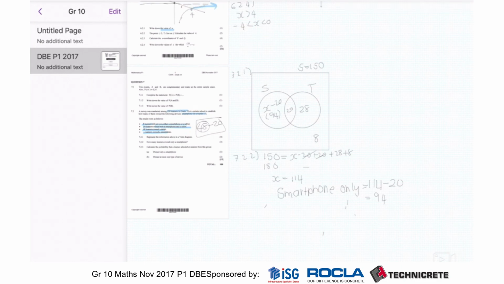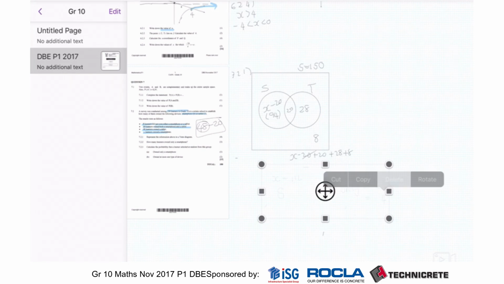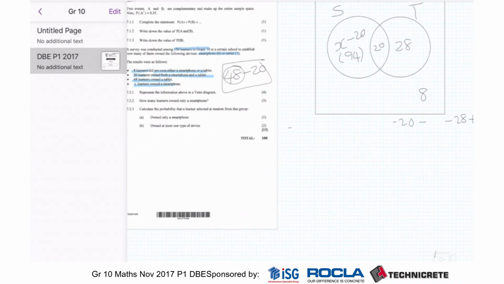Let's erase what's here. Now we can go to the last part that says calculate the probability that a learner selected at random from this group only owned a smartphone.